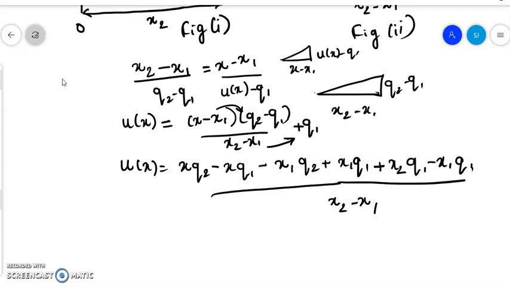So minus x1 q1 and plus x1 q1 will get cancelled.